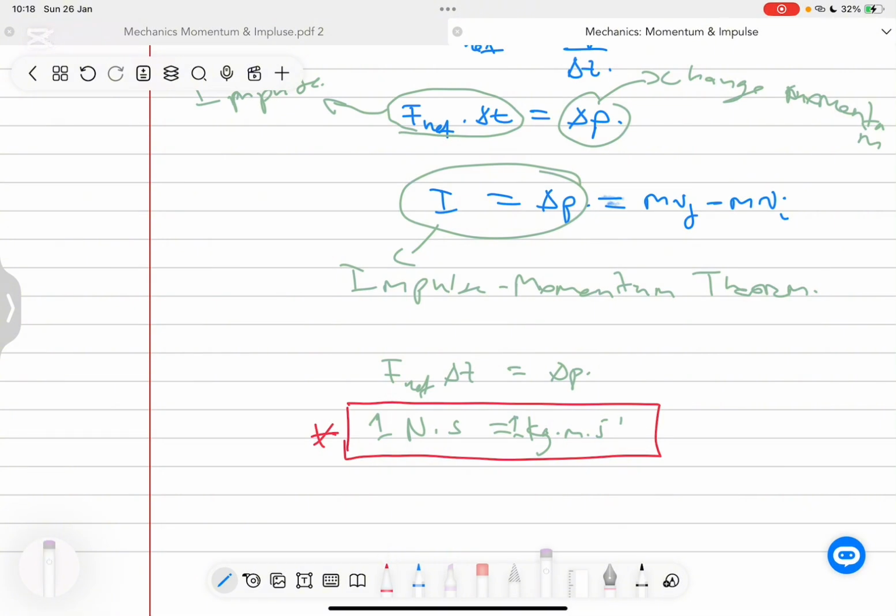Again, you still have to understand that impulse is a vector quantity and the change in momentum is a vector quantity. So the two still relate really well.